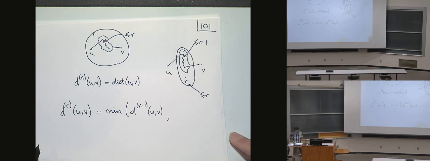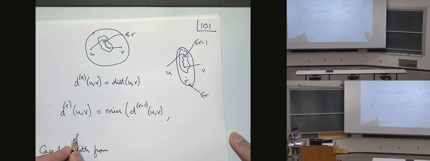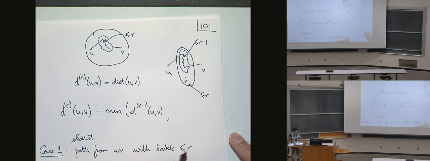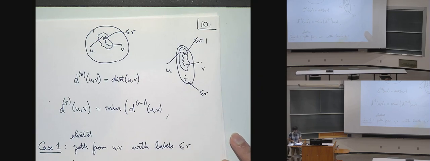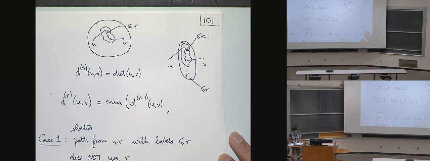So I'm going to actually write this down over here. I'll say case 1: the shortest path from u to v with labels at most r does not use r. In that case, I'm just going to get d r minus 1 u v.